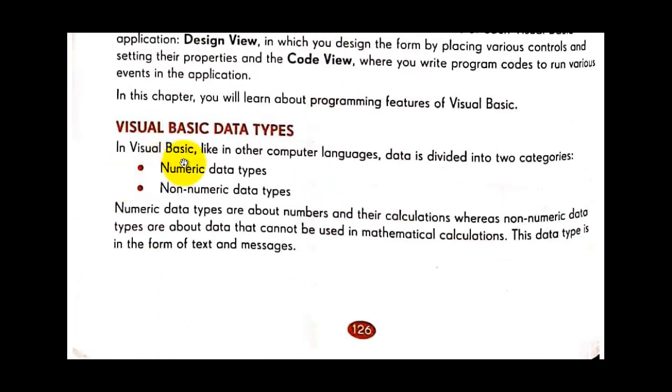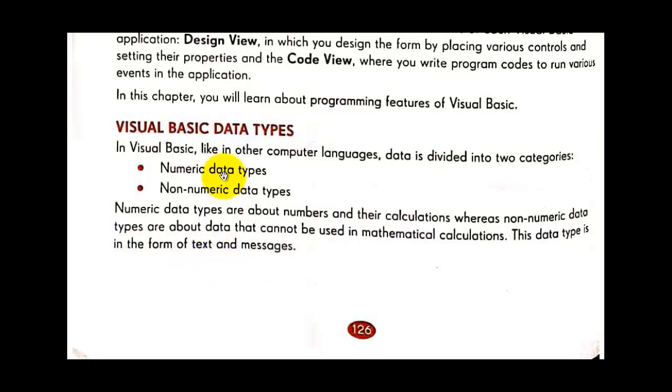In Visual Basic, like in other computer languages, data is divided into two categories. The first one is numeric data types and the second one is non-numeric data types. Numeric data types are about numbers and their calculations, whereas non-numeric data types are about data that cannot be used in mathematical calculations. This data type is in the form of text and messages.